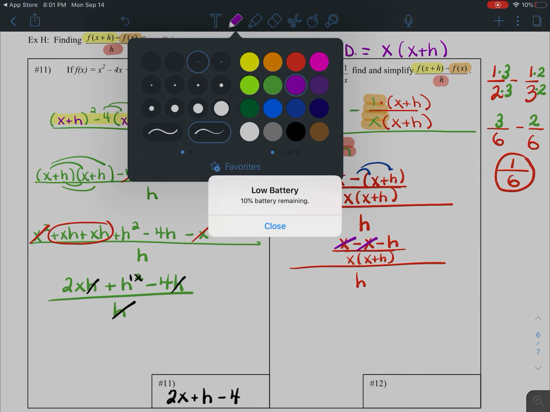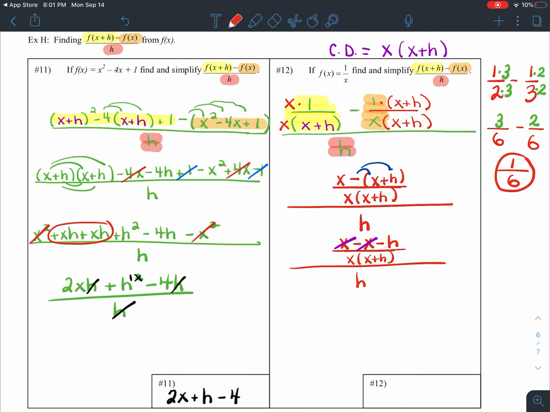Now, it's not considered great to have a fraction stacked on top of another fraction. We have all these fraction bars here. It's kind of confusing to look at it like that. So what I would encourage you to do is keep this fraction, the negative h over x times x plus h. It's up to you whether you want to distribute this x in or not. But we are dividing this fraction, which was my numerator here, by h.